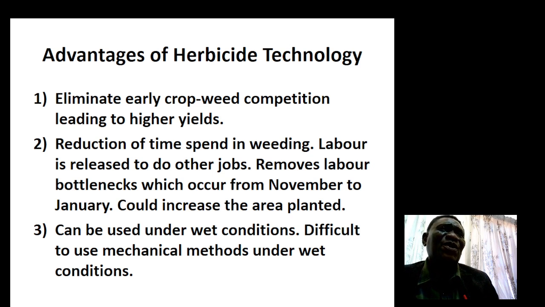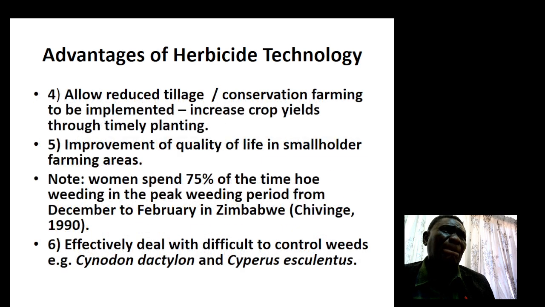It can also be used under wet conditions. In fact, under wet conditions, mechanical methods are difficult to use. Now, it can allow this reduced tillage or conservation farming to be implemented.